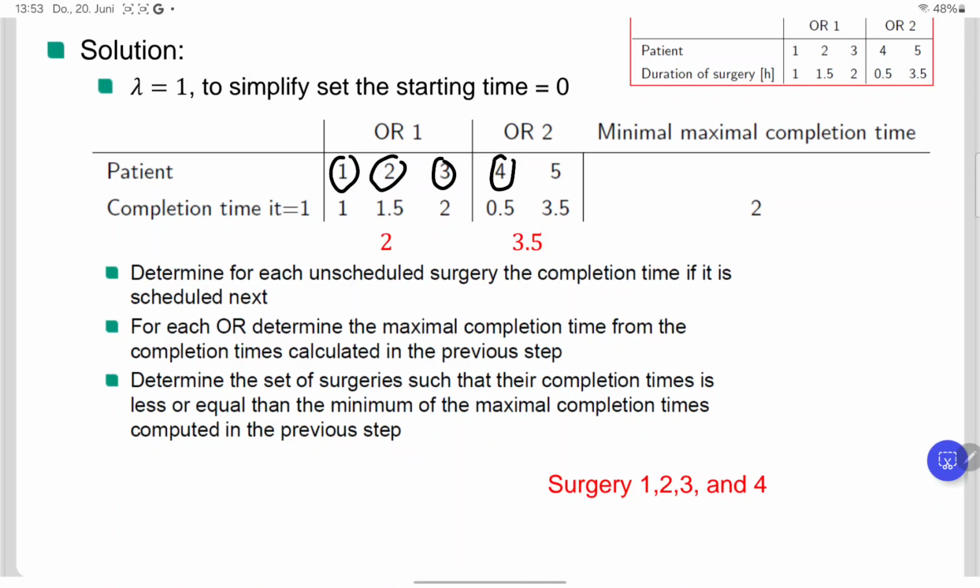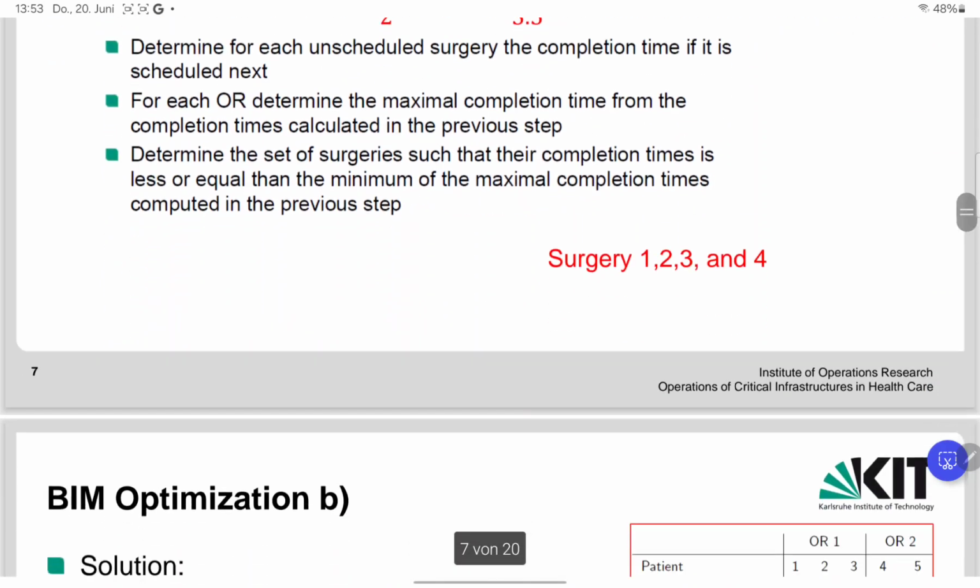The 4th patient is also fine, but we cannot schedule the 5th patient because its duration exceeds the minimum of the maximal completion time. So you can see here that we can assign patients 1, 2, 3 and 4. So whom to assign now?